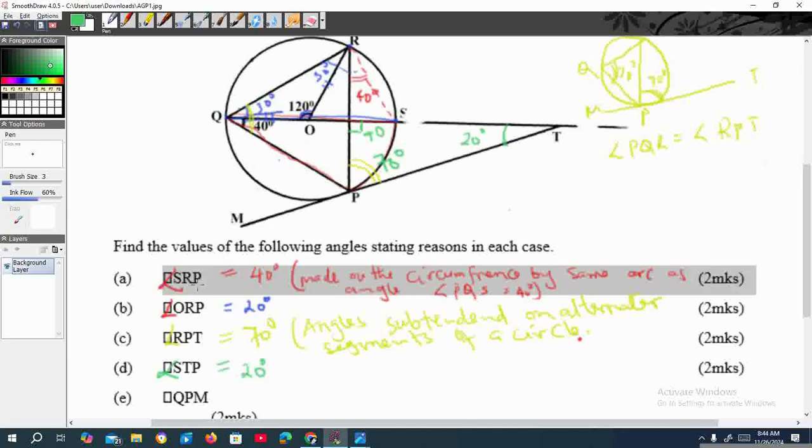If we get the angle QPM, QPM is similar to the angle that we found in part C, RPT.